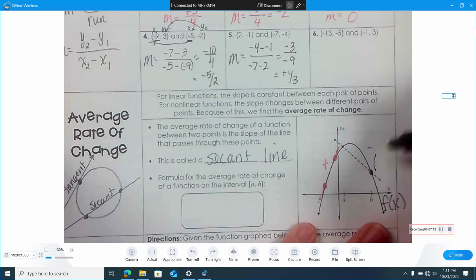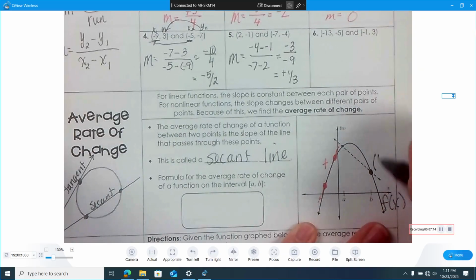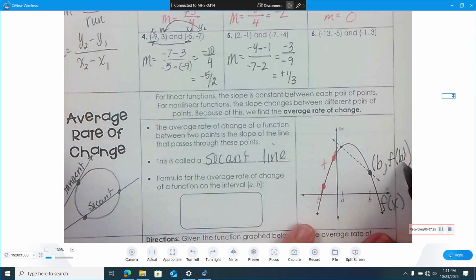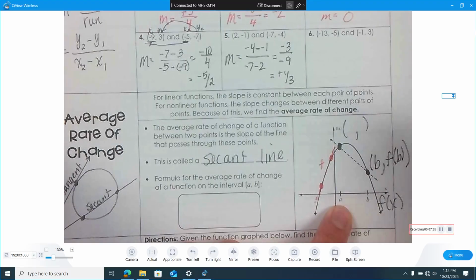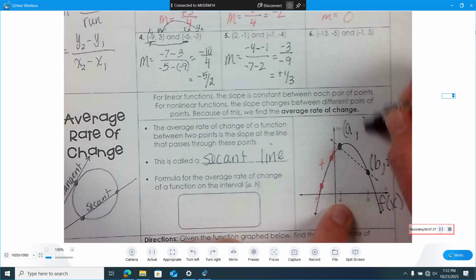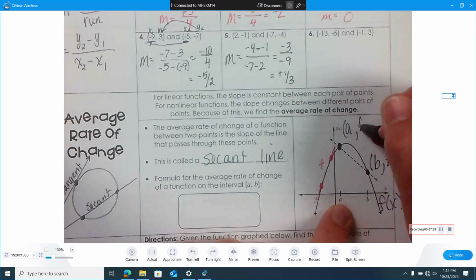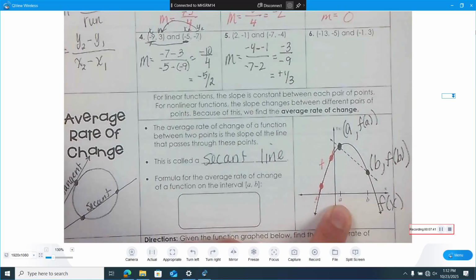If I gave it an ordered pair, I would call this b, and then using function notation, this is my function evaluated at b. So that's what we call the y value. The y value is the function evaluated at that number b, if we actually knew what the function was. In here, what would this ordered pair be called? A and then f of a. Yeah, the function evaluated at a.